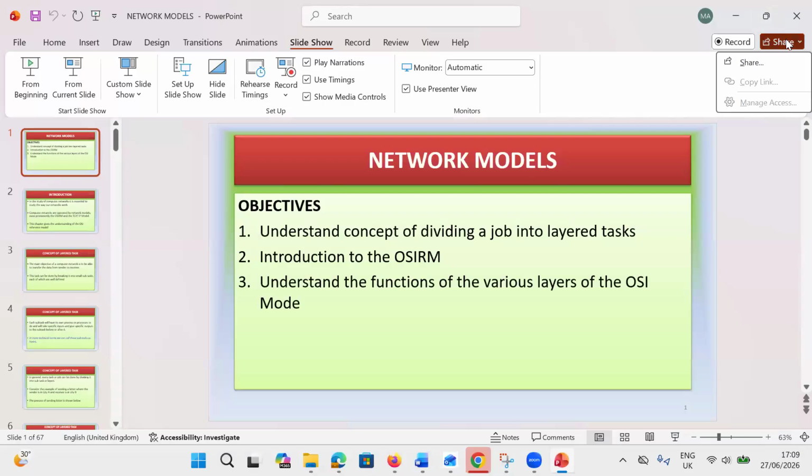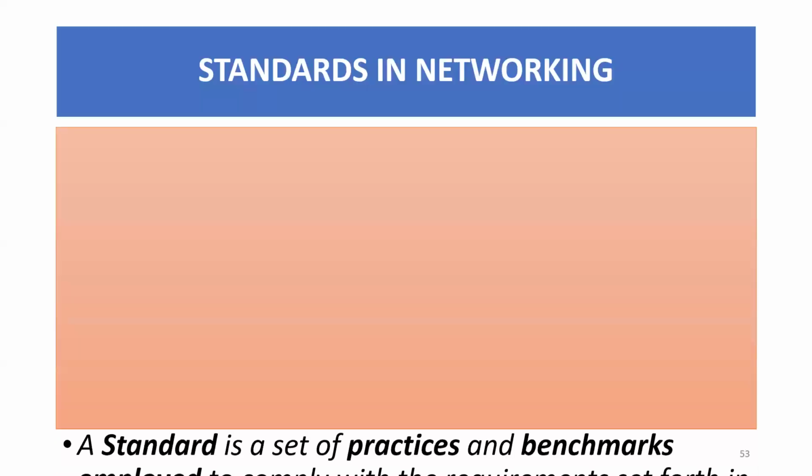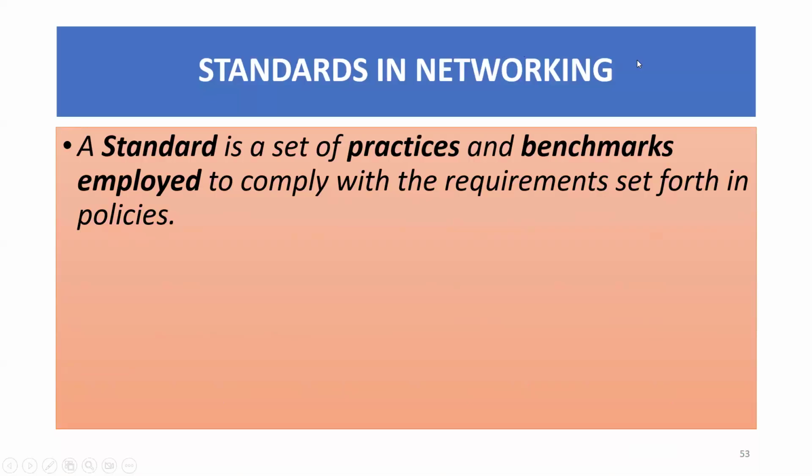Let me do this quickly. Okay, now when you talk of standards, after looking at the classification of computer networks, which we put into three main categories, a standard defines how the communication devices will transmit on the network, and how the communication devices should also be manufactured.